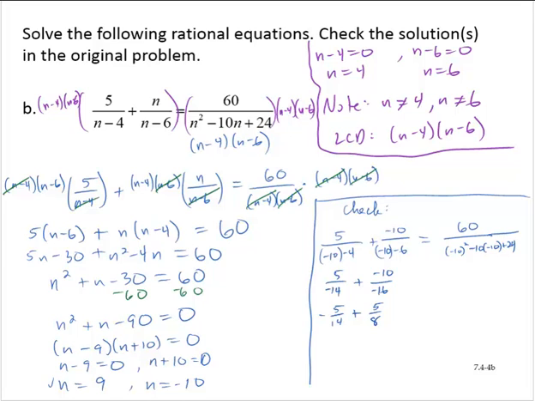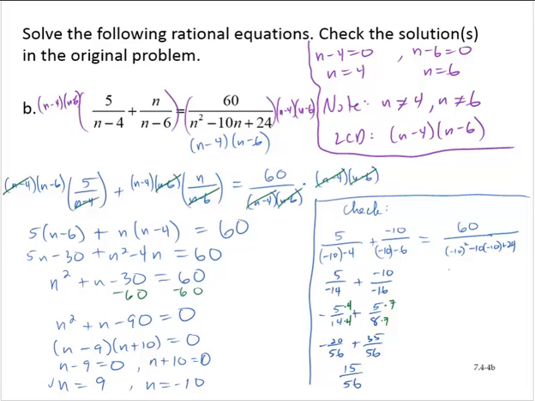So let me multiply by a factor of 4 on the first fraction and 7 on the second fraction. And so that's negative 20 over 56 plus 35 over 56, which is 15 over 56.